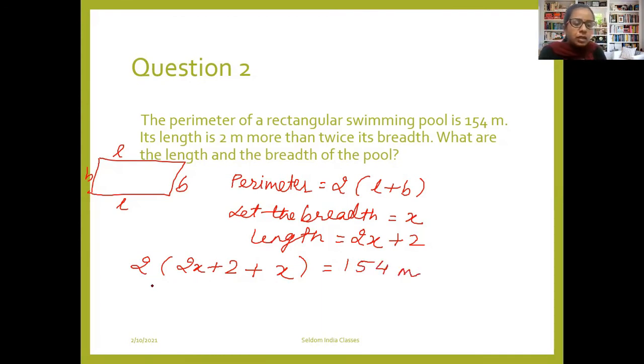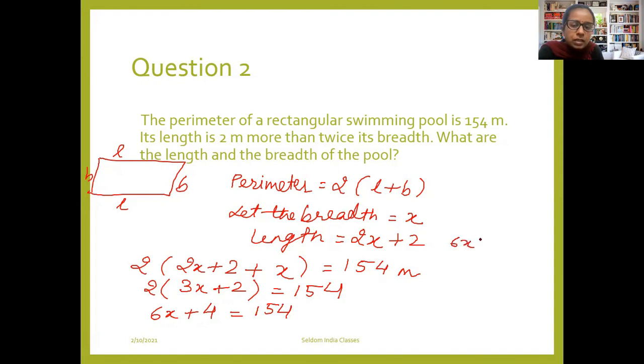Okay. Now 3x plus 2 equals to 154. Adding the x terms, okay, writing the number as it is. Now multiplying 2 inside. 6x plus 4 equals to 154. Correct?